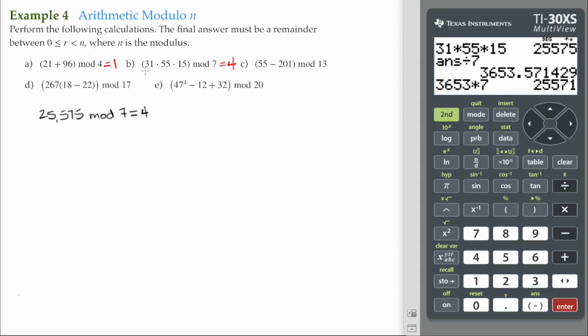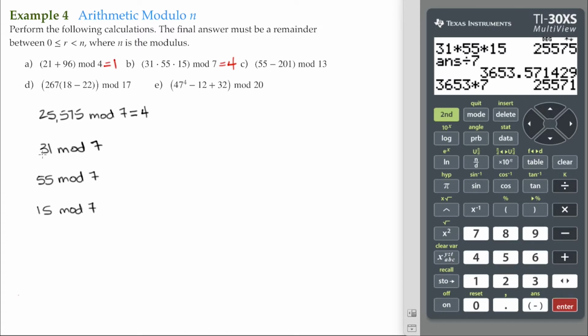But now let's do it in the parts that are suggested here. So we can do this as 31 mod 7, 55 mod 7, and 15 mod 7. 31 mod 7, 7 goes into 31 4 times, right?